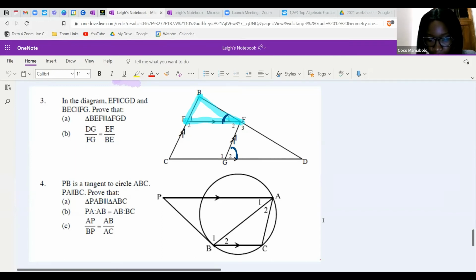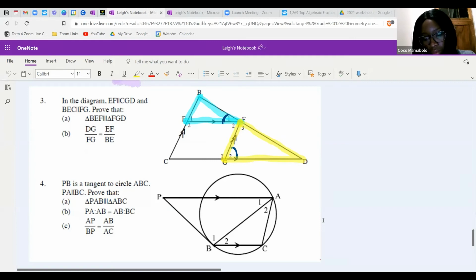Okay. All right. So what we can see in this situation over here is that angle F1 and angle D will be equal to one another, because they are corresponding angles. I don't know if you can see the F lying on its side.